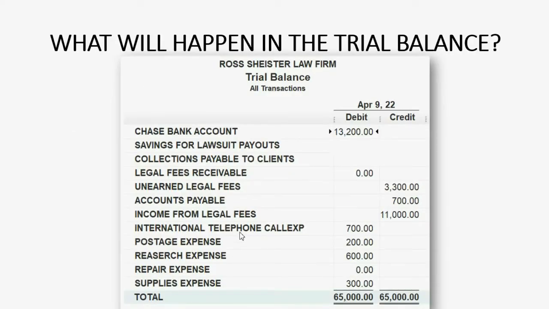Well, lawsuit payouts will become $1,700 because they're $50,000 now, and collections payable to clients will also go down and become $1,700 because we're only paying $48,300, because we're going to keep this $1,700 because we earned it. So this is how we record paying that money.